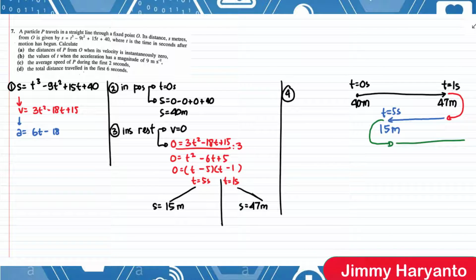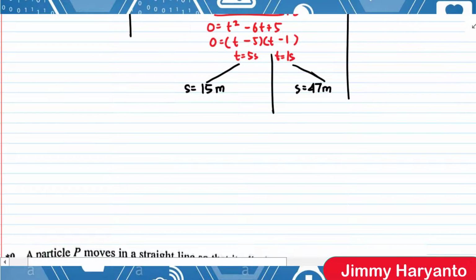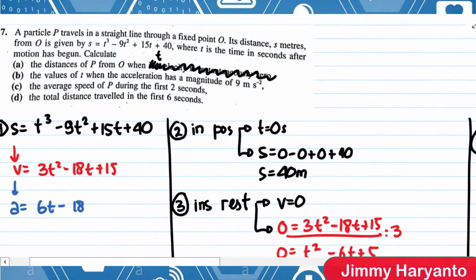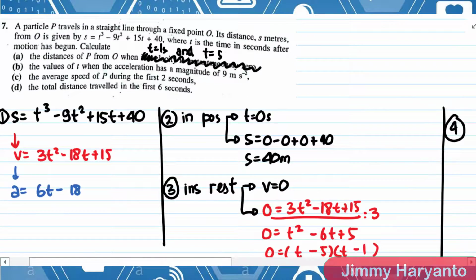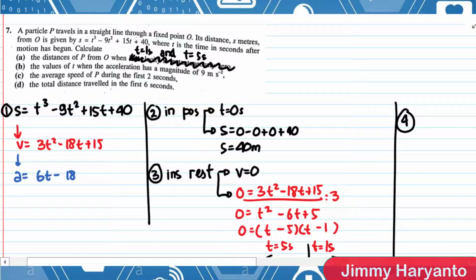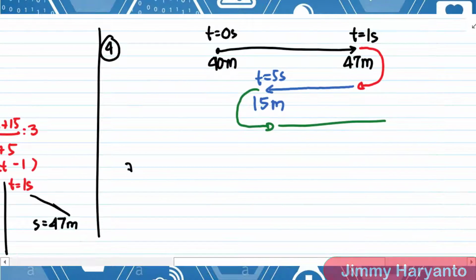So I can change the question into the distance of P from O when t equals 1 second and also t equals 5 seconds. And the question wants you to find the distance of P from O, not the distance covered, but from O. We can answer this one using the sketch.